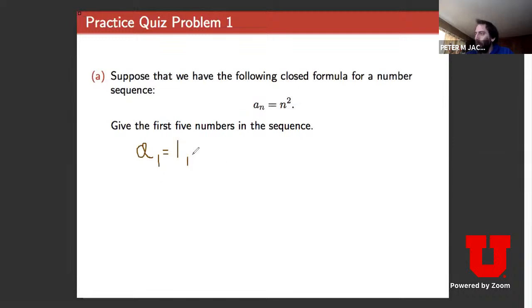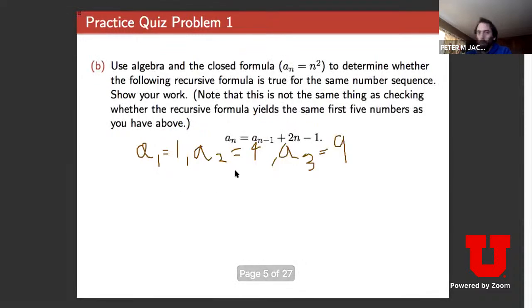That's just 1. A2 is going to be 2 squared, so that's 4. And A3 is going to be 3 squared, which is 9. And we can do A4 and A5 as well.